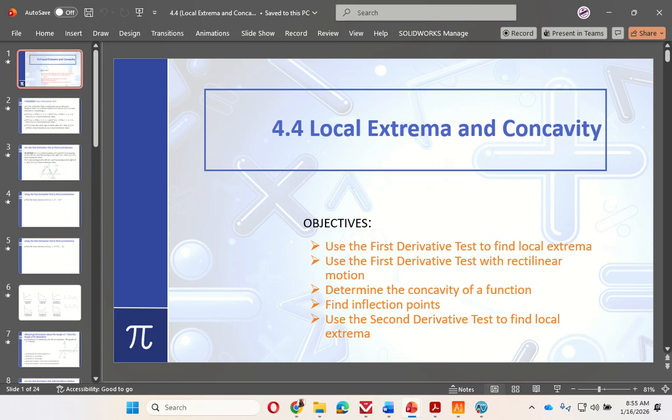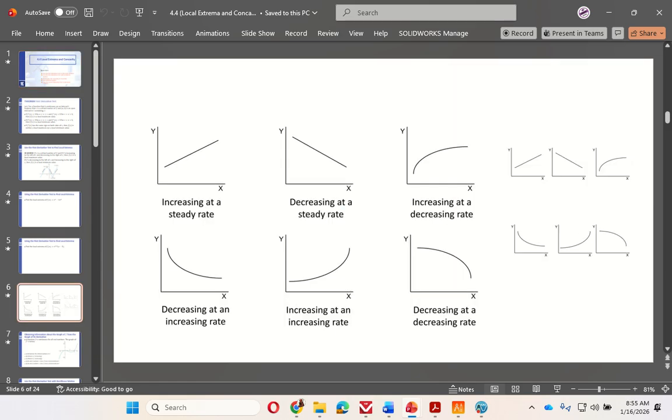So this is what I added to the notes. Okay, and this is why. So this is going to go down to the bottom right there. So it's decreasing at an increasing rate.